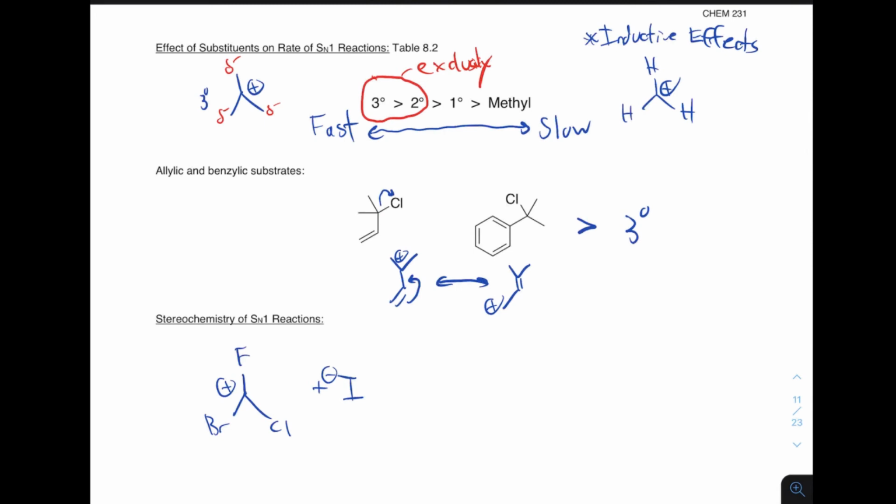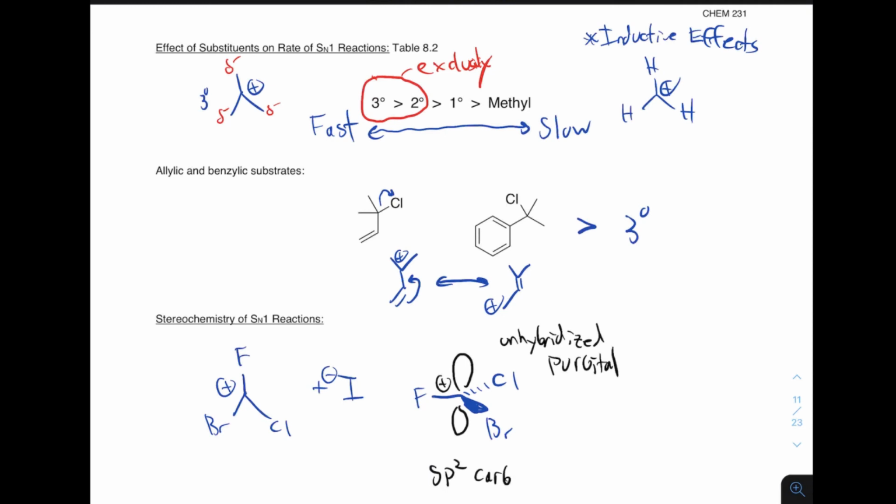And the answer to that is that there isn't one, because if we look at the intermediate here, remember that because this is a positively charged carbon, we have an unhybridized p orbital, because this is an sp2 carbon.